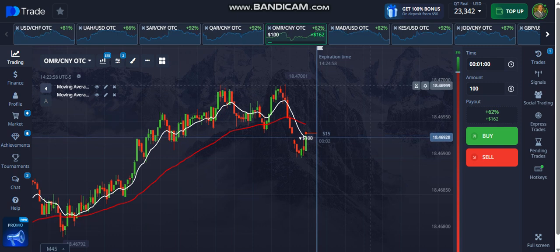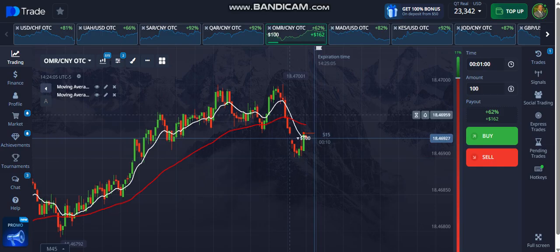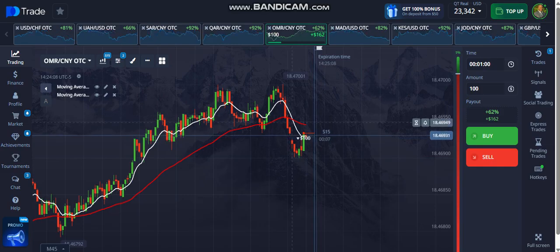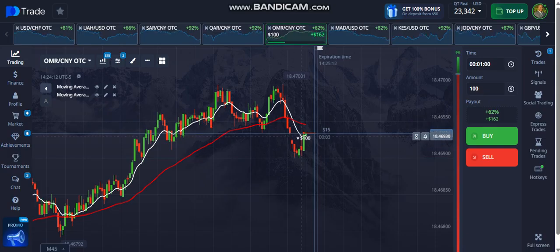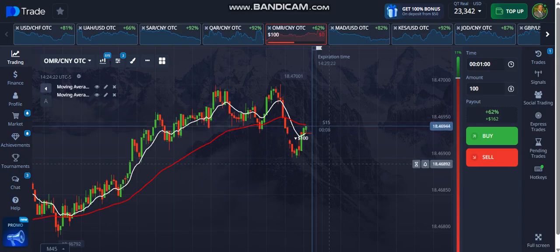Okay, so I'm on the OMR CNY currency pair. And similarly to the previous trades, I waited for the crossover of the 10 EMA and the 50 EMA, and then waited for the price to retrace back to the 10 EMA. And let's see how this trade develops.